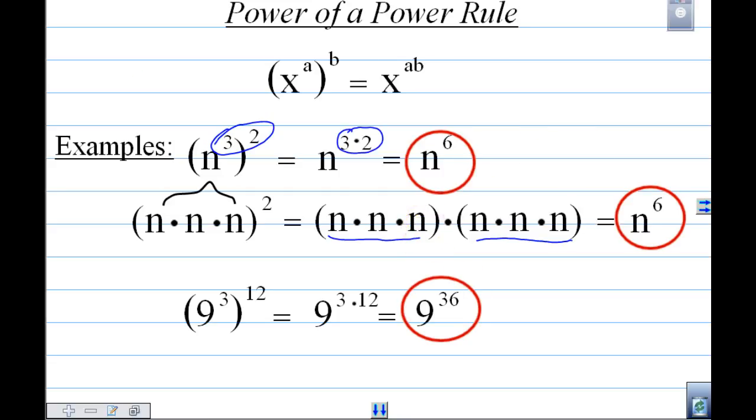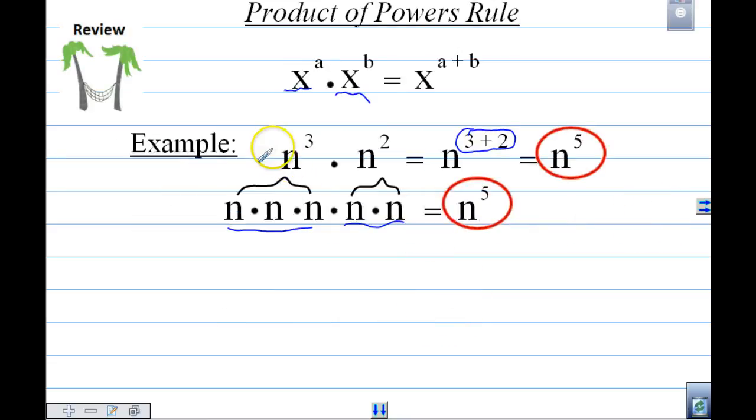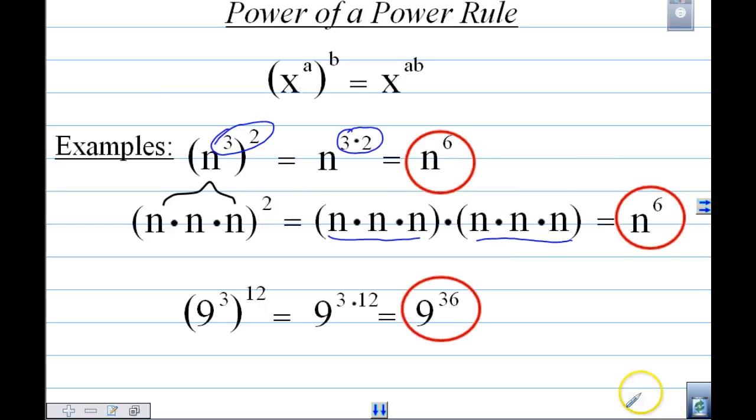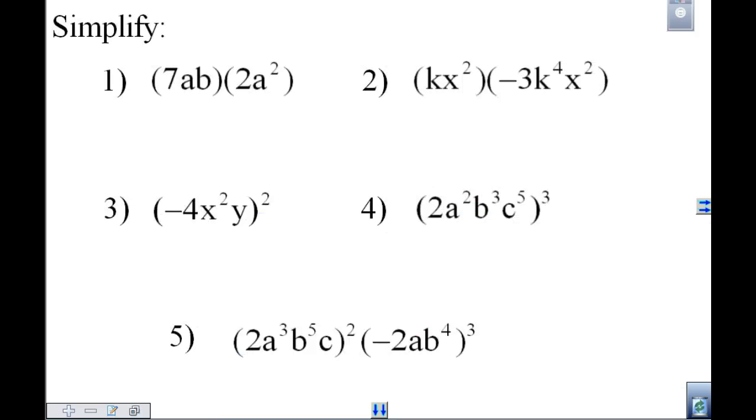You can come up with any method you want. Some people say, well, if there's 2 bases, 2 numbers or 2 variables, that's when I add them together because I'm just counting up how many there are. If I only have 1 variable and 2 exponents, that's when I multiply, or whatever rule works for you. Remember, it's the same for variables as it is for numbers.